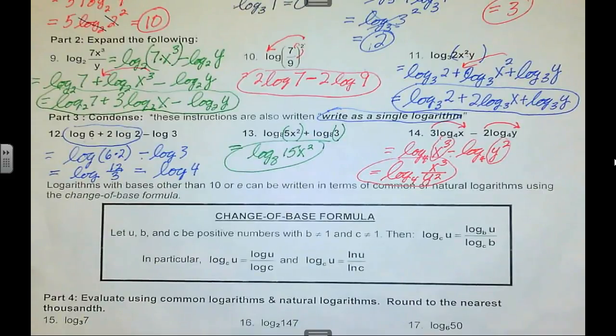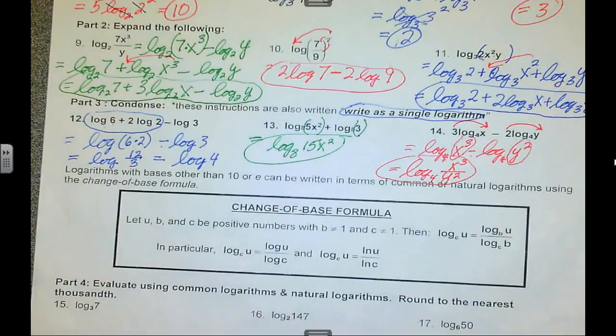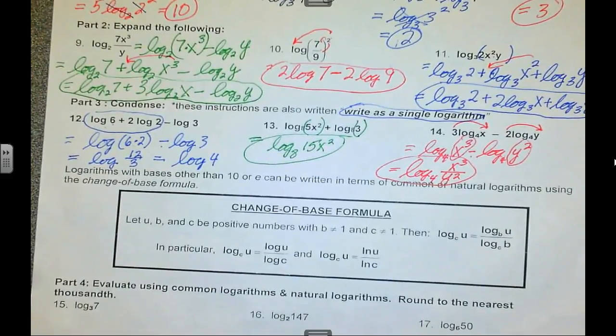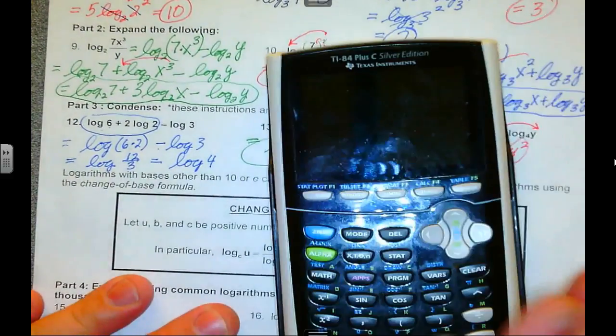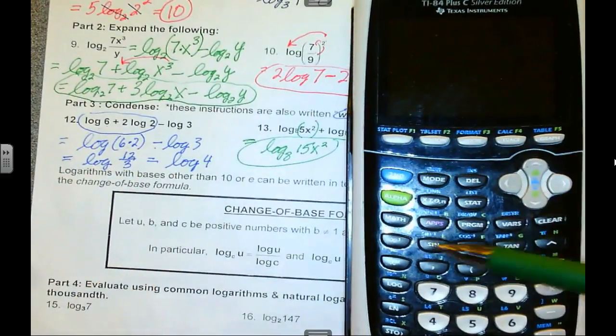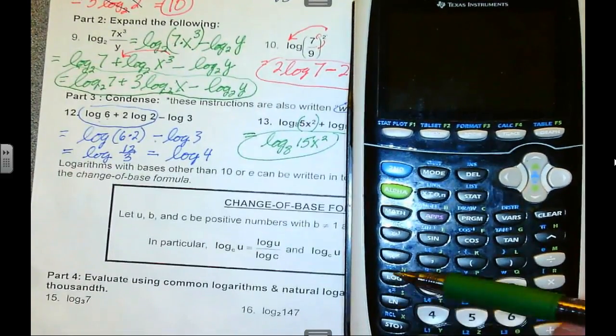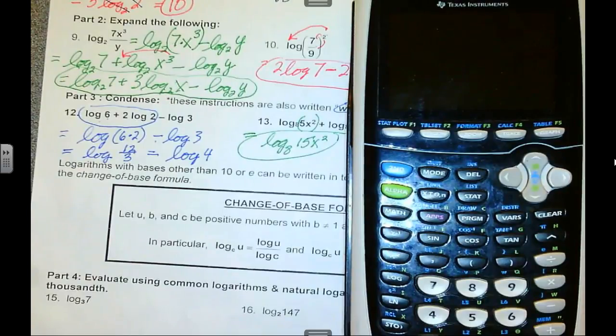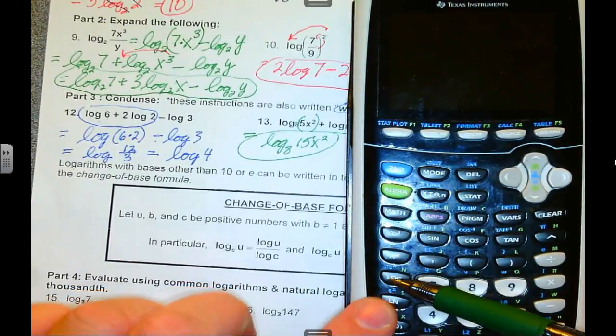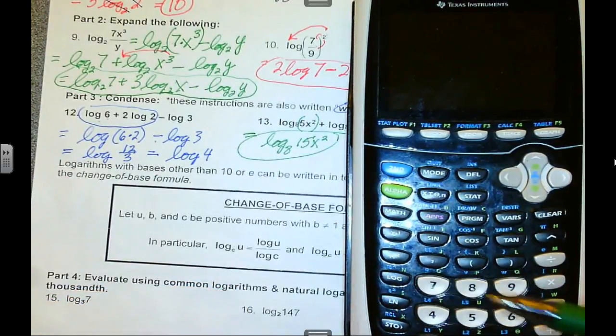Now, remember in your calculator, you only have the log key and the natural log key. So we could only use these buttons if we had log base 10, right?